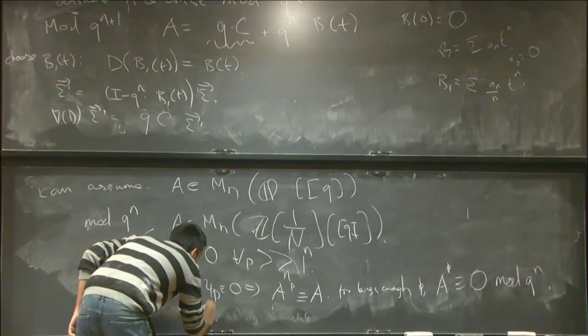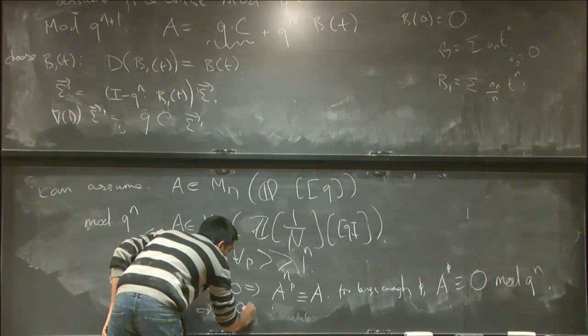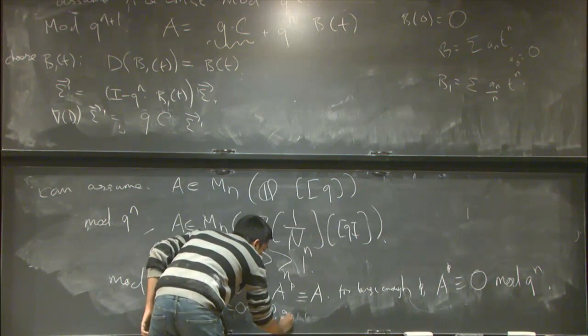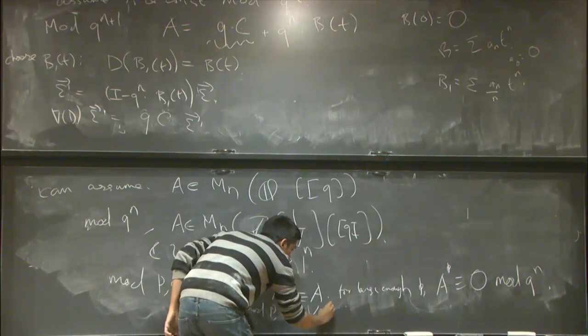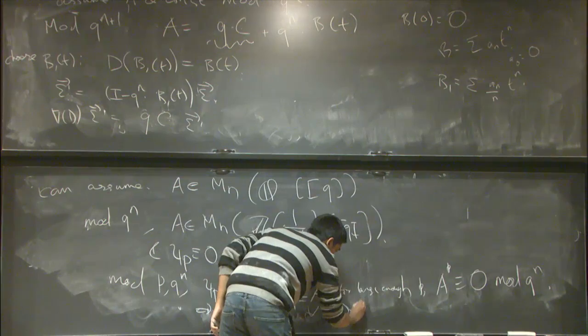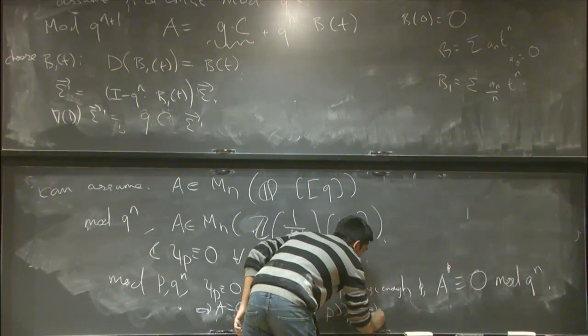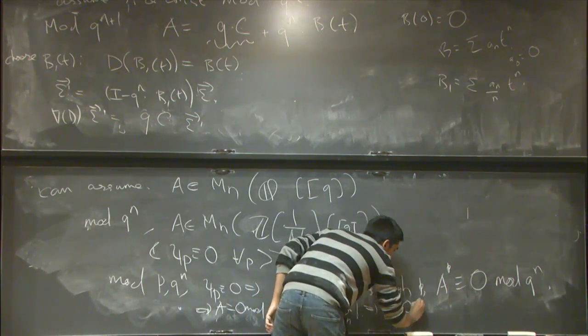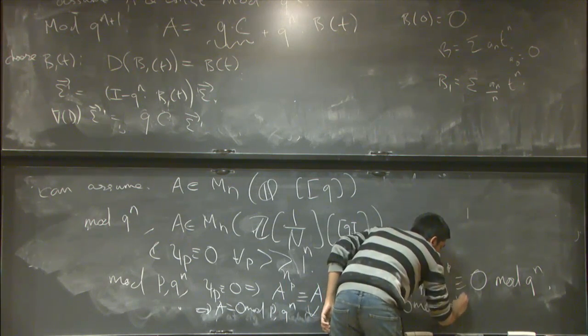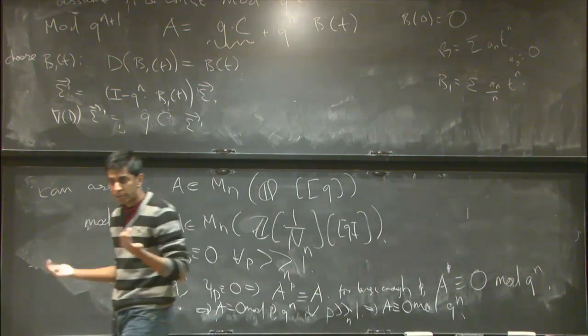And so you have A is 0 mod p and q to the n for all primes large enough. And this implies that A is 0 mod q to the n for all n, so it has to be 0.